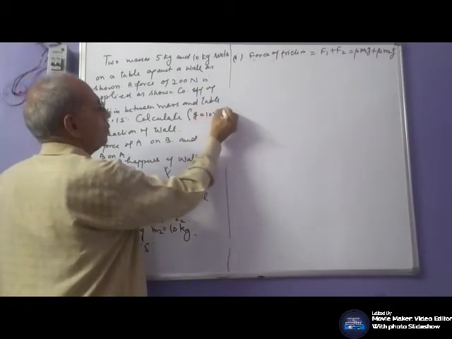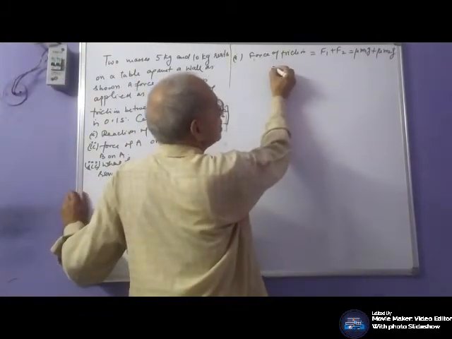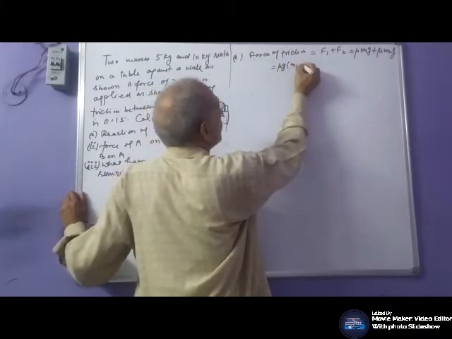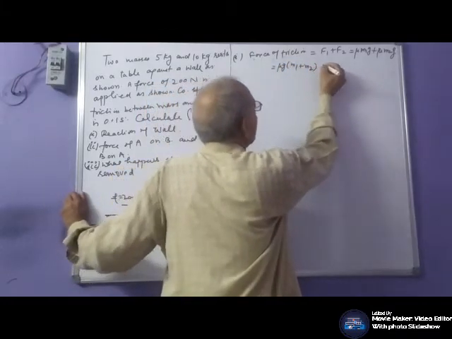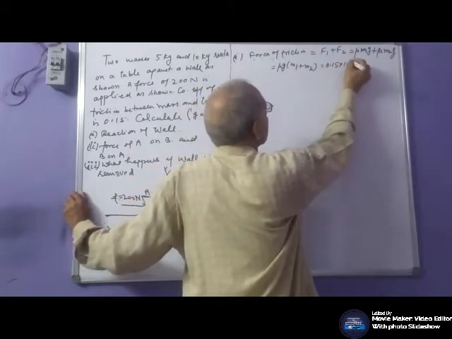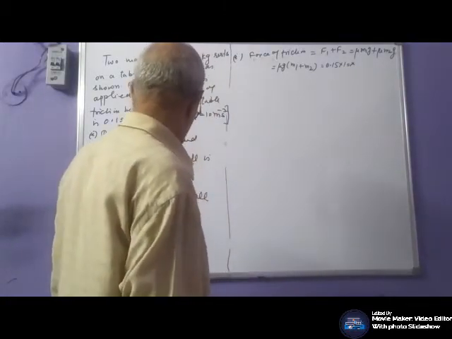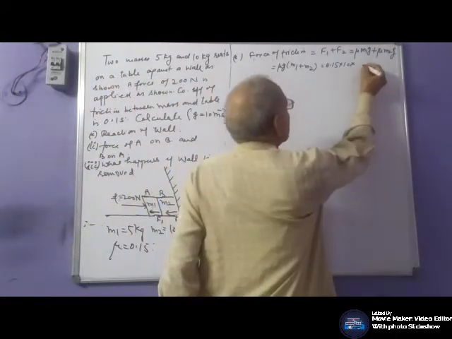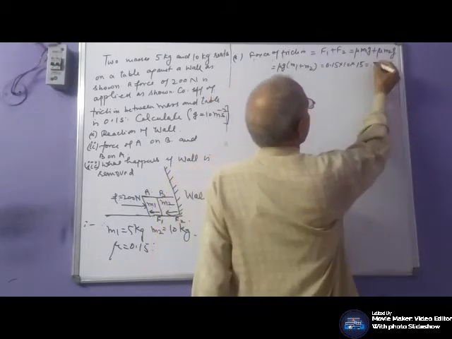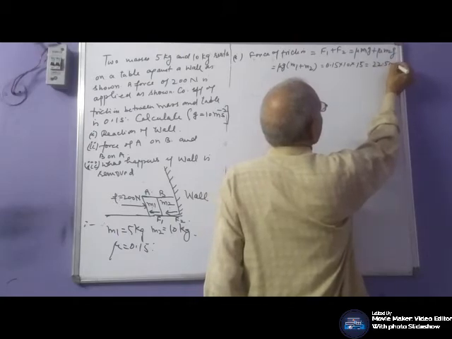Take G as 10. Mu common, G common, M1 plus M2. Mu 0.15, G is 10, M1 plus M2, 5 plus 10, 15, it is what? 22.5 Newton.